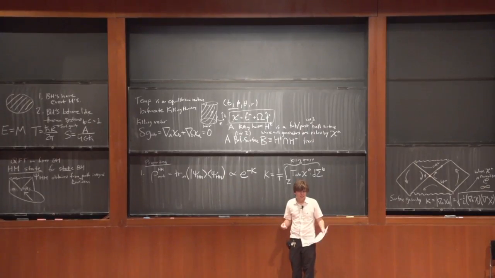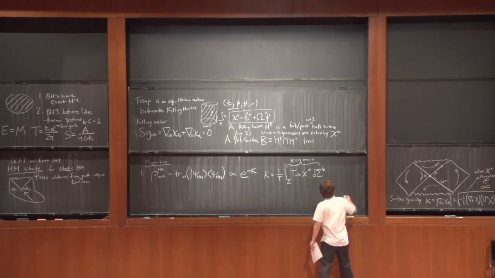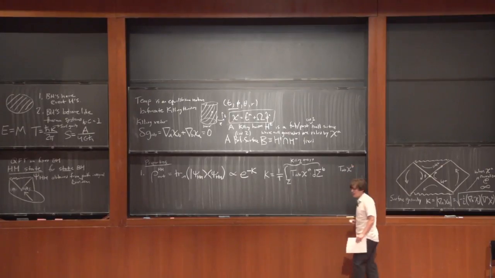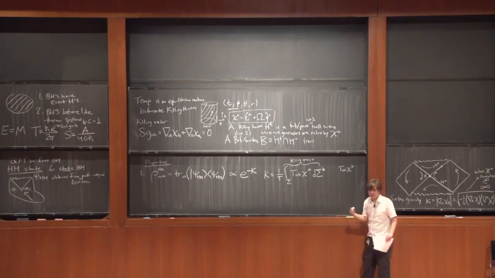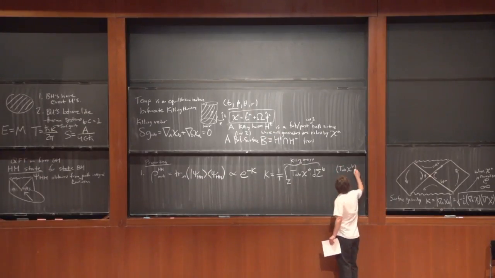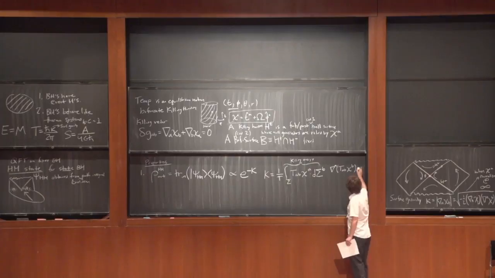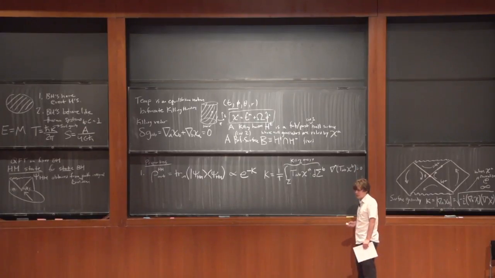But if I have a Killing vector, then I can contract my stress tensor with the Killing vector, and now this is like a one-index object. It's like a current, and I can say that if I take the divergence of this current, that is equal to 0.